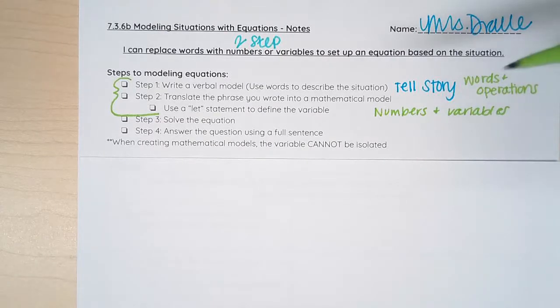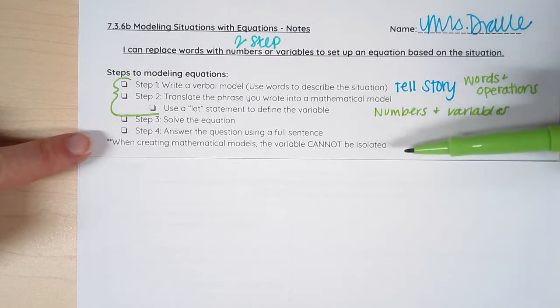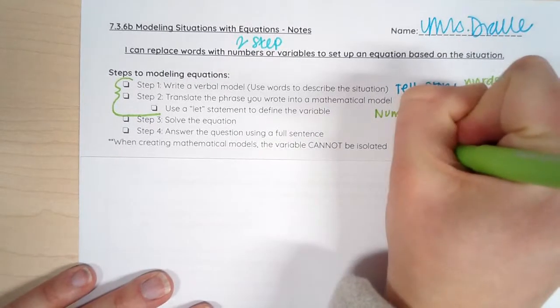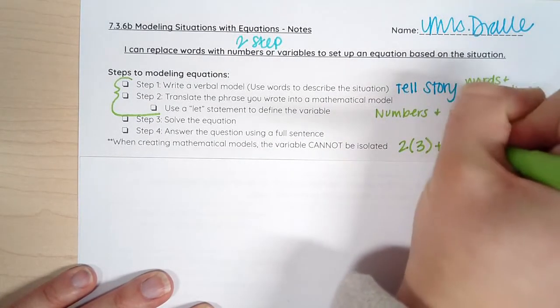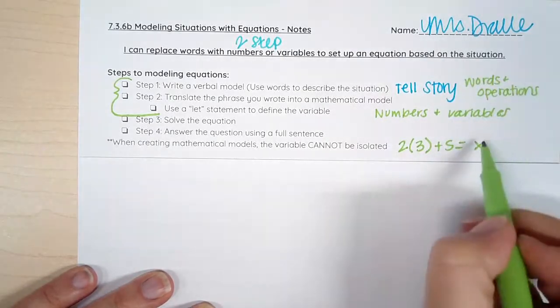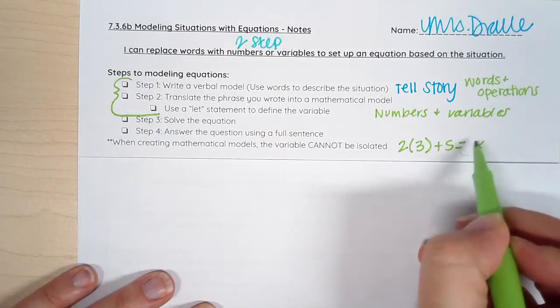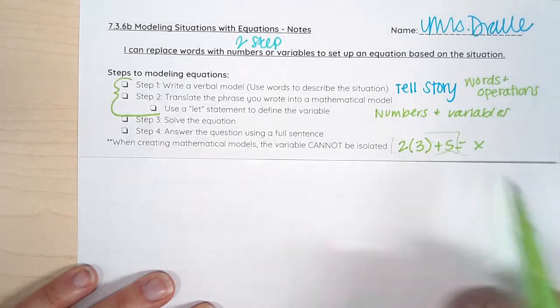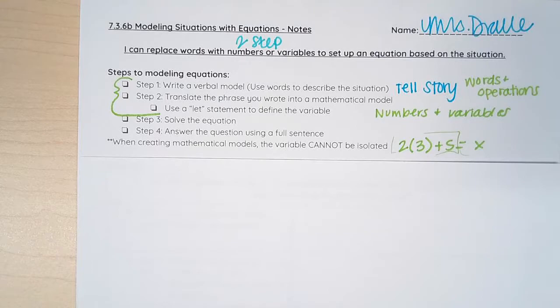One more thing that is important to note is when we create mathematical models, the variable cannot be isolated. So we can't have 2 times 3 plus 5 equals x. The variable cannot be alone on one side. It needs to be immersed somewhere with the other numbers.